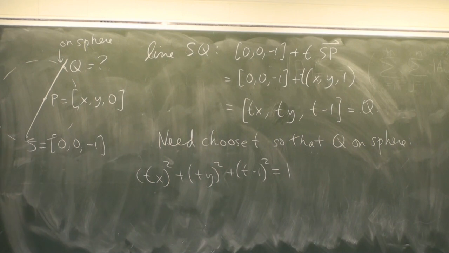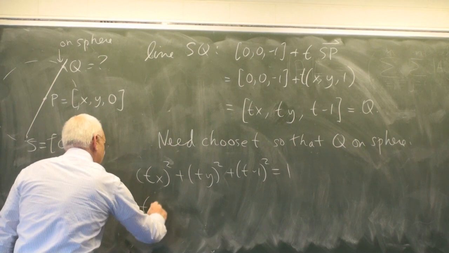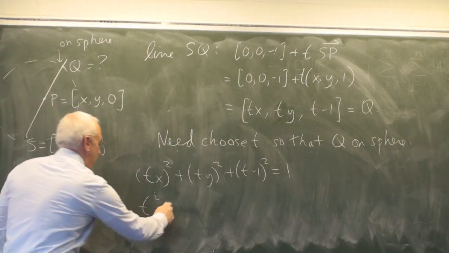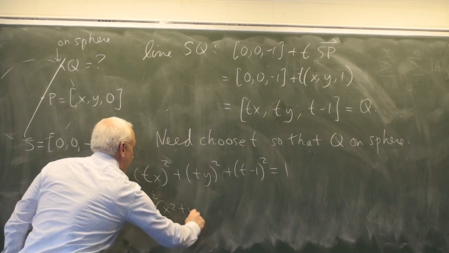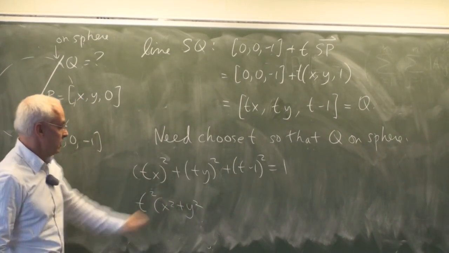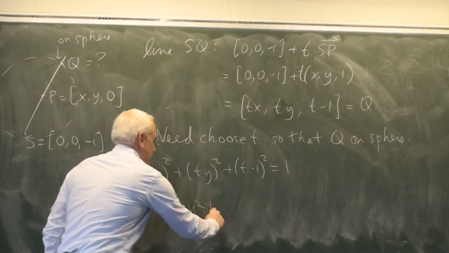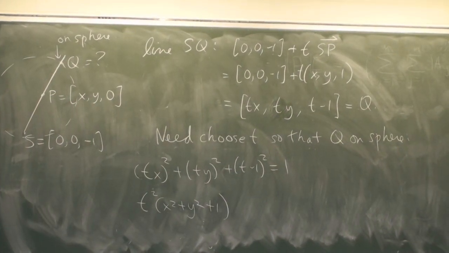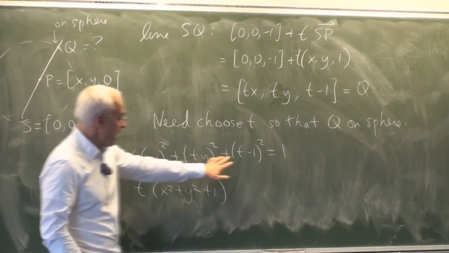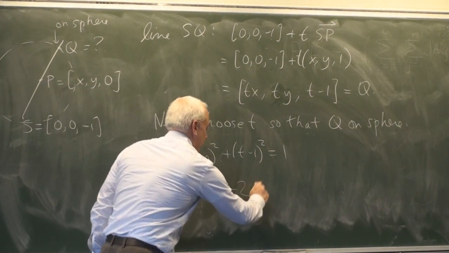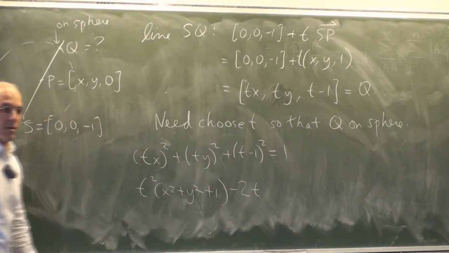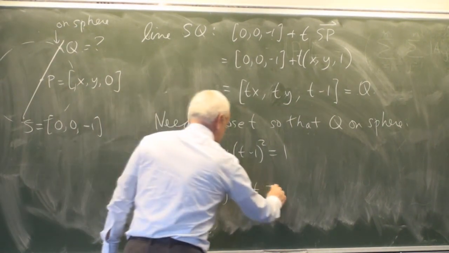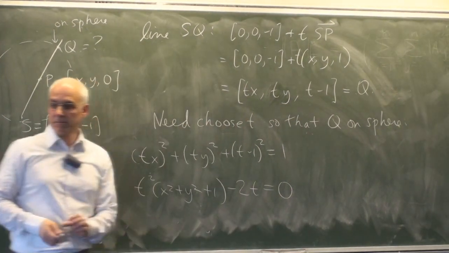All right, that shouldn't be too hard to do. So what do we get when we write this out as a polynomial in t? There's a t squared here with coefficient x squared plus y squared. There's a t squared over here, so we get x squared plus y squared plus 1. And then there's a linear term, minus 2t, when we expand this. The plus 1 and the plus 1 on the other side cancel, so we just get 0.